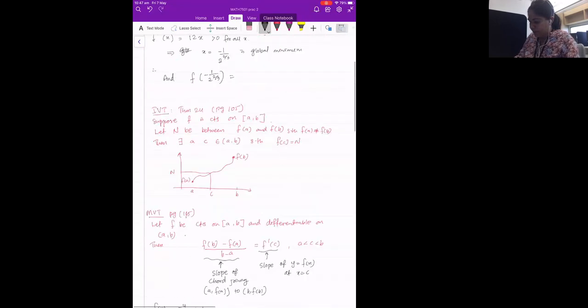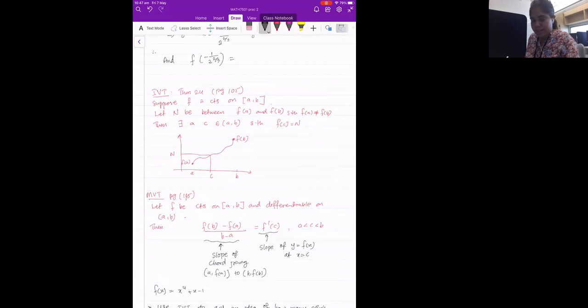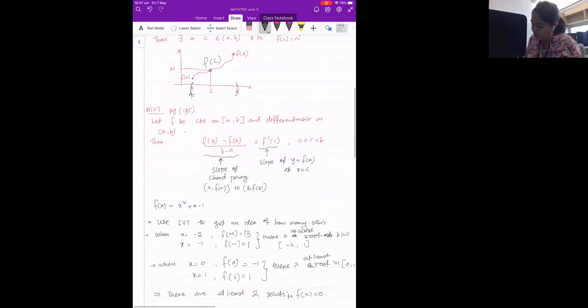In general, the intermediate value theorem: if your function is continuous in the open interval (a, b), and f(a) is not equal to f(b), then there is a number c between a and b such that f(c) is between f(a) and f(b). That's the intermediate value theorem.